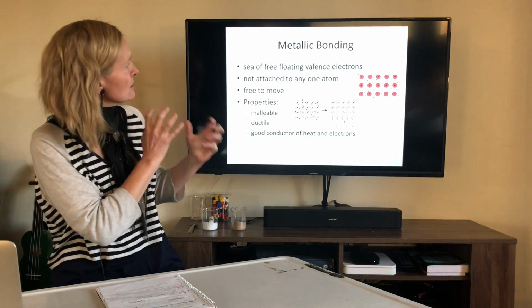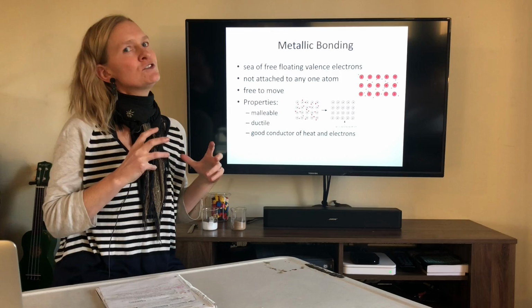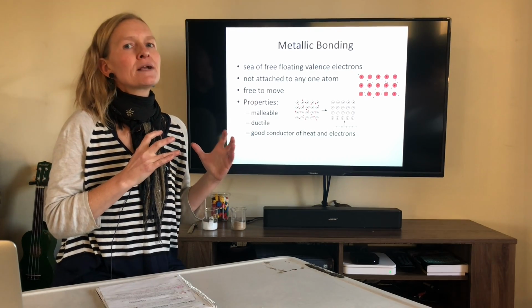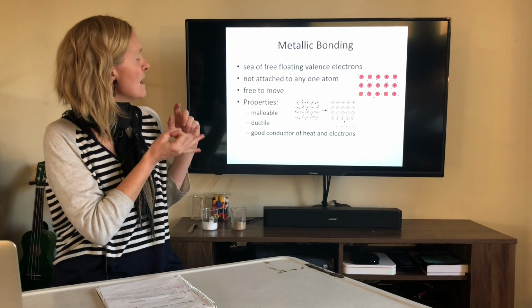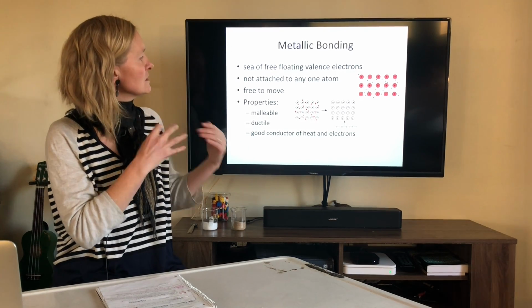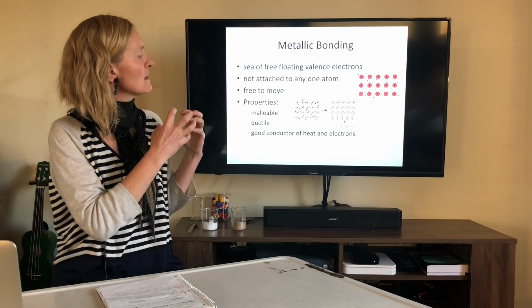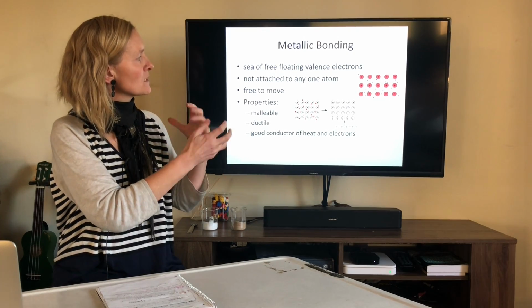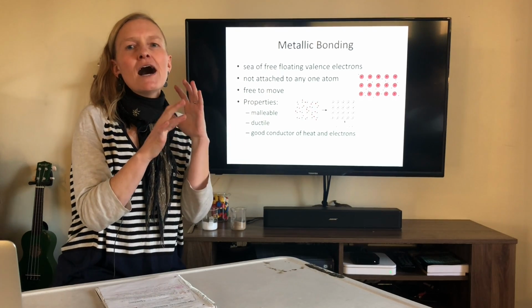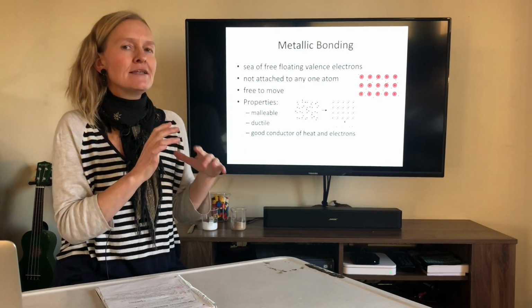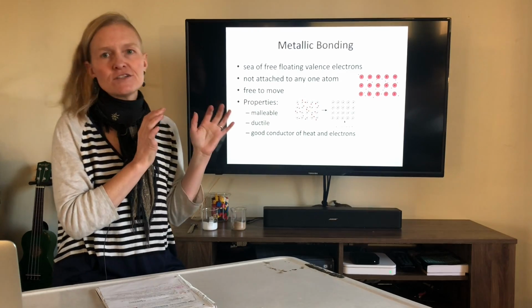And it actually is what gives metals their physical properties of being malleable and ductile and a good conductor of heat and electrons, because it's just an overlapping and sharing of those electrons, and it gives metals their distinct properties.